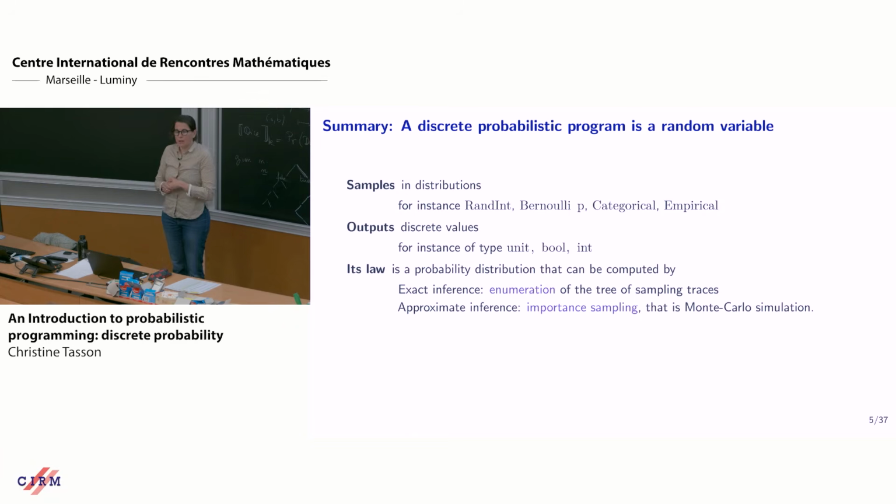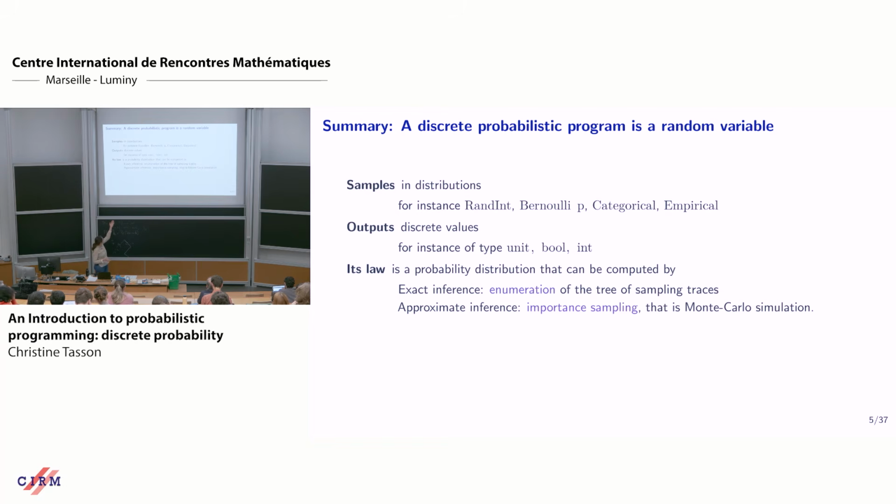Okay, so what we get now is we have understood that a probabilistic program is a random variable, and we have taken samples in different probability distributions: uniform, Bernoulli, so coins that can be fair or biased, and categorical, empirical distributions, and so on.